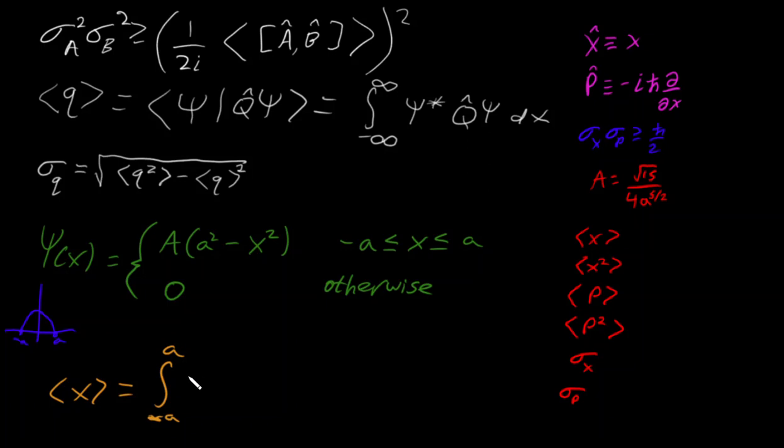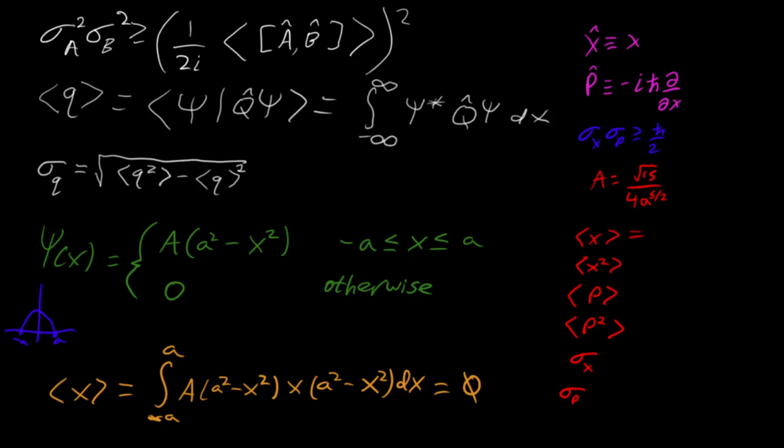So this is psi star, but we don't have to do anything special for that because this is a real wave function. So it would be a times a squared minus x squared, times x, times a squared minus x squared dx. And it turns out that this integral is equal to 0. There's actually a trick to doing it, but I'm not going to get into that right now.